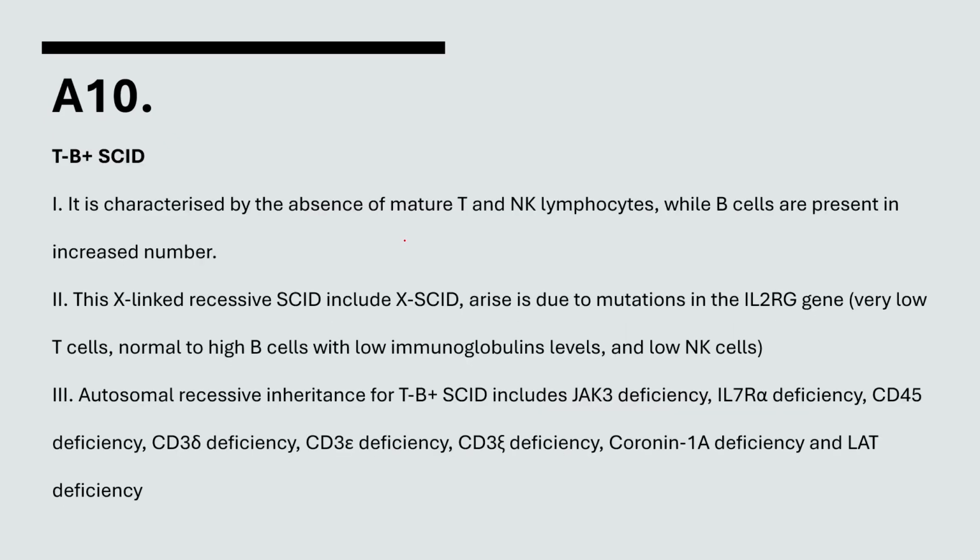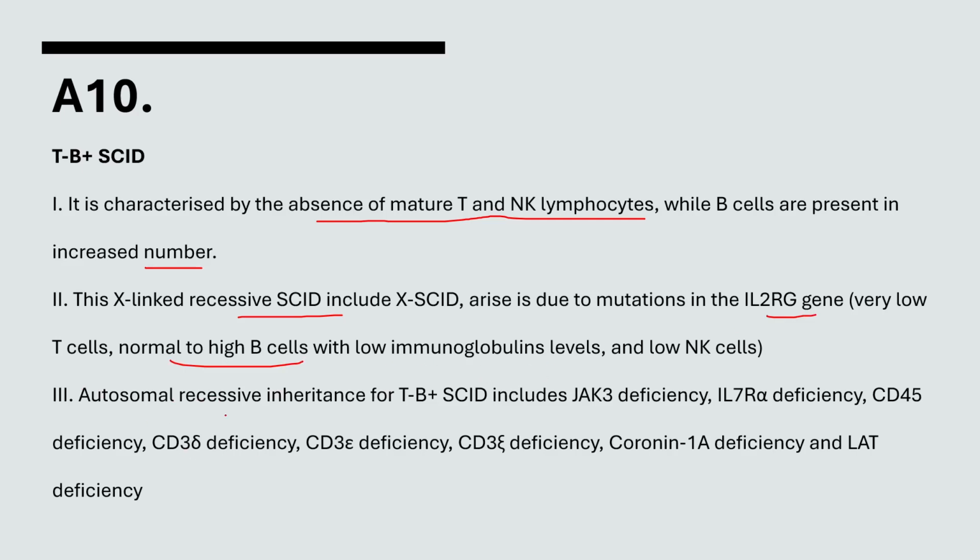Okay, then let's discuss. TB plus SCID is characterized by the absence of mature T cells and natural killer lymphocytes, while B cells are present in increased number. The X-linked recessive SCID includes XSCID, which arises due to mutations in the IL-2RG gene, with very low T cells, normal to high B cells and low immunoglobulin levels.